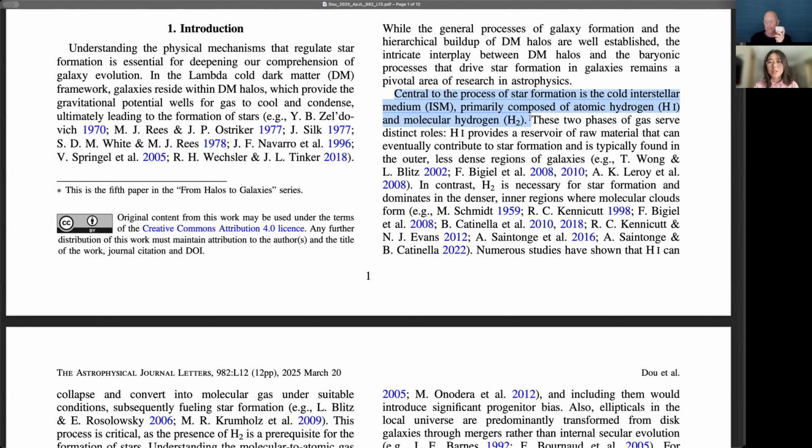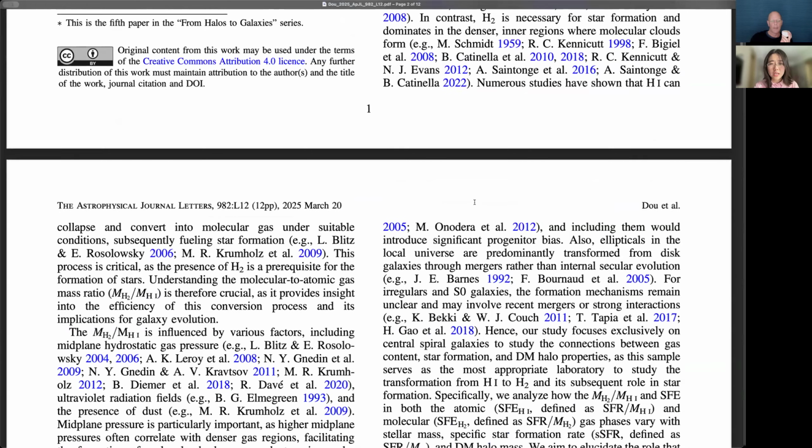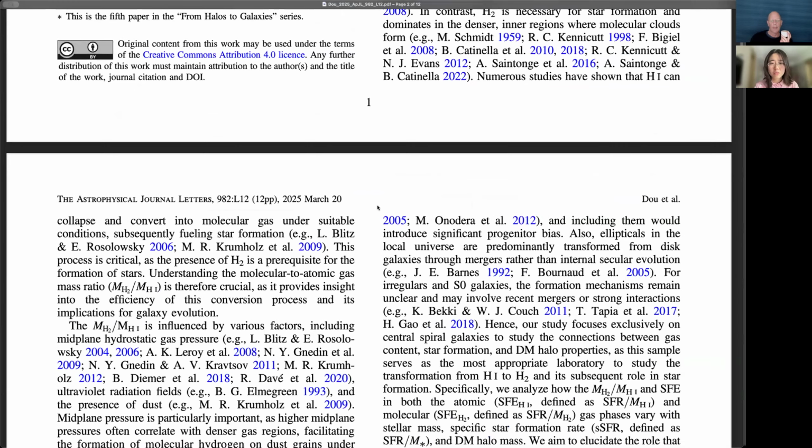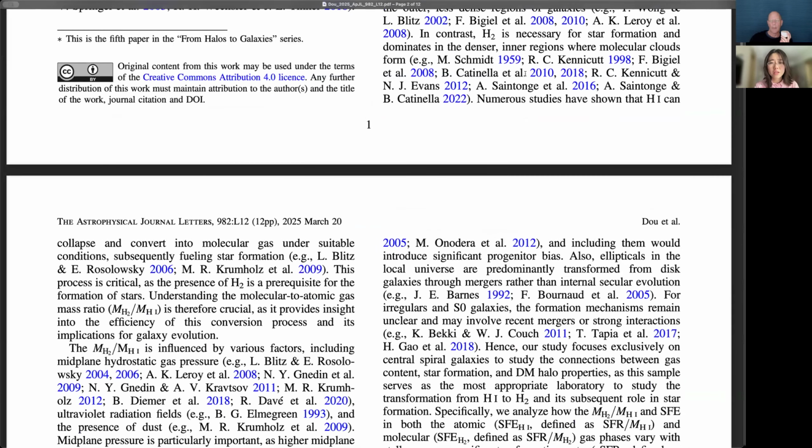The molecular gas H2 mainly dominates in the denser regions and is tightly correlated with star formation. Actually, the conversion from H1 gas to H2 gas is a key process in star formation. So it is very crucial and important to understand the molecular to atomic gas mass ratio.